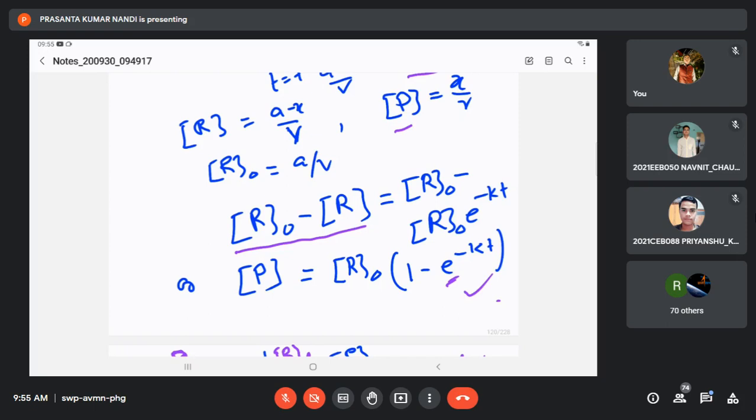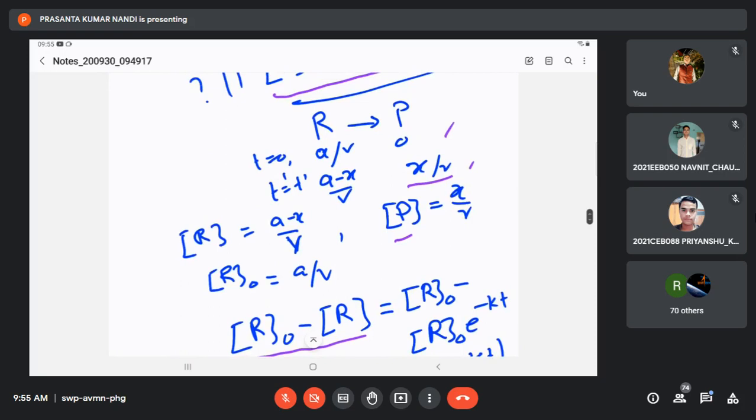Because we have considered R to P, the stoichiometric coefficient on both sides is unity. So this is an ideal case. That is, one molecule of reactant after decomposition will produce one molecule of product. So from the conservation of mass, and if we ignore the reverse reaction, whatever amount of reactant is left and whatever amount of product is produced, the sum of these two at any time should be constant.